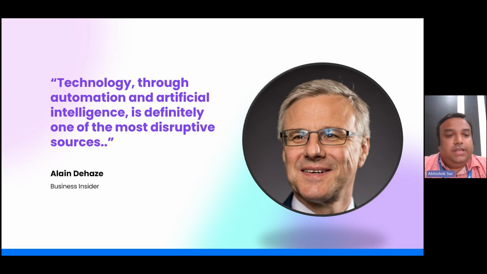So if we think of this statement which Alan D has provided, technology through automation and artificial intelligence is definitely one of the most disruptive sources. Basically, technology is moving very fast, at a pace where developers and architects need to adapt very quickly through artificial intelligence.